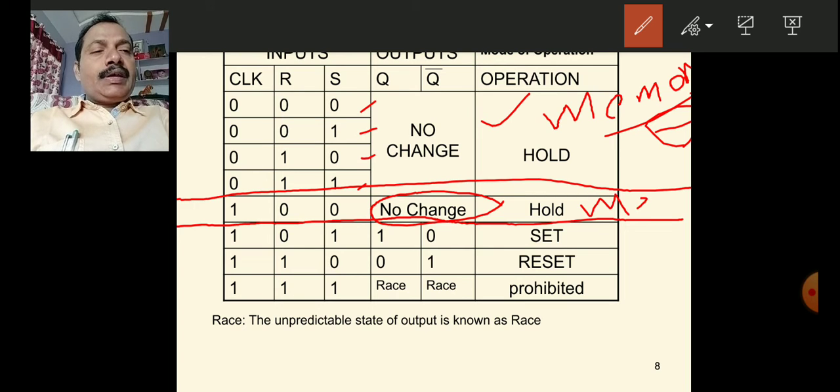Now, whenever clock is 1 and R is 0, S is 1, the flip flop is set to 1. We have discussed and verified it also. When S is 0, R is 1, the flip flop is reset to 0. These are important. We concentrate only on Q. So remember that it is Q.